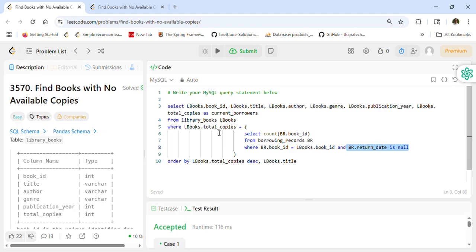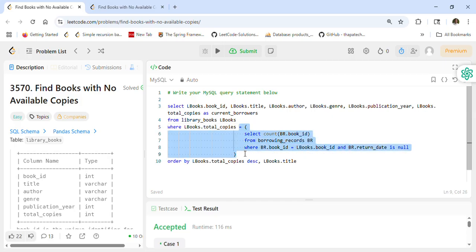Here this condition is important, that return date should be null, then only it is borrowed basically, correct? So now once I know that, then I have to just take the columns here from the library books as well as the current borrowed books, right? And I will just have to say that L books is my library books, correct? So L books dot total copies should match this inner nested subquery count.